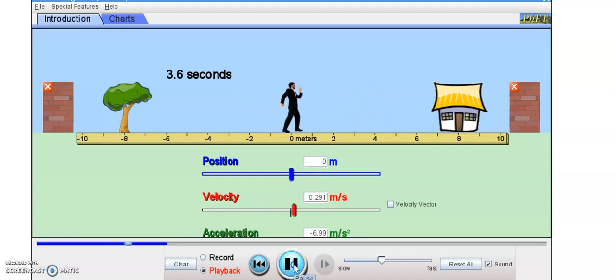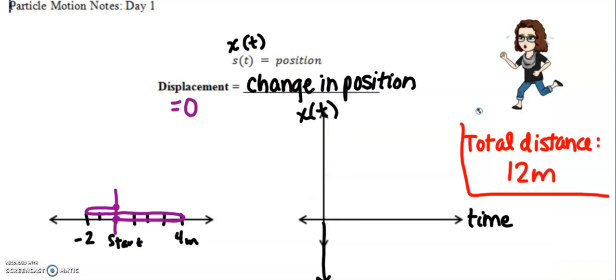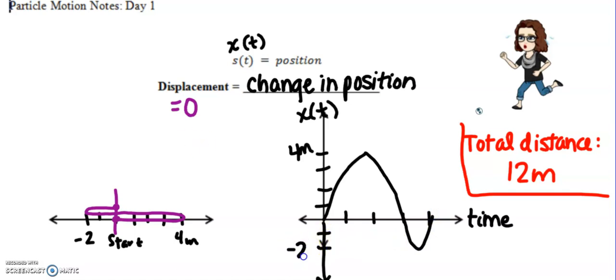So I'm going to say 1, 2, 3, 4. So we go 1, 2, 3, 4 meters in the positive direction until about 2 seconds. Then we turn around and we go back in the negative direction, only back to -2, and then we got back to where we started.